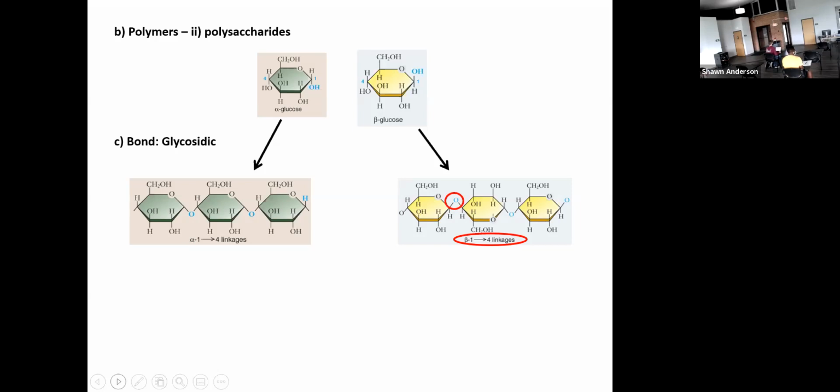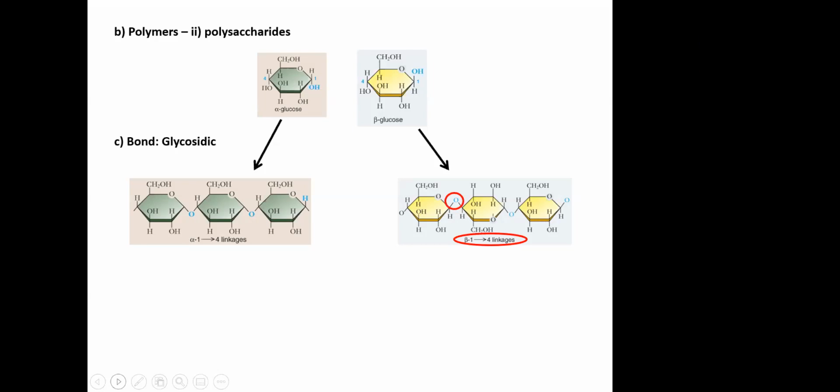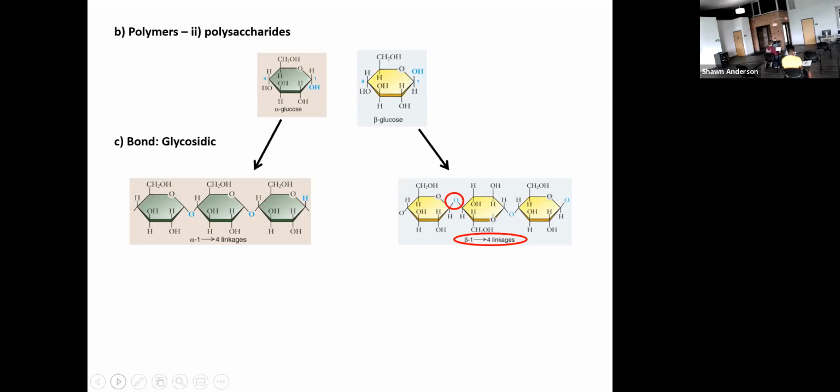Sweet. And we talked about the structural difference between alpha and beta on Wednesday. So if that doesn't sound familiar, look at the picture, go back over and review. Beta 1,4, beta 1,4. All right?